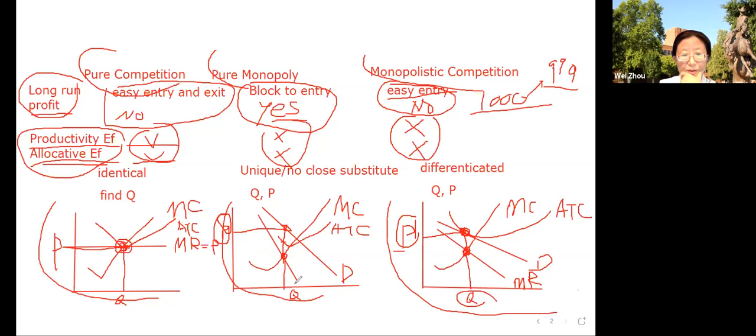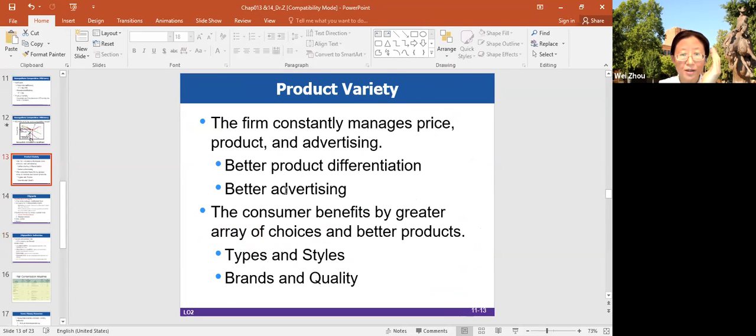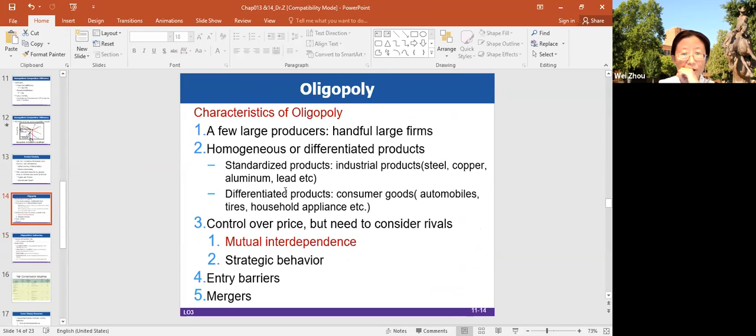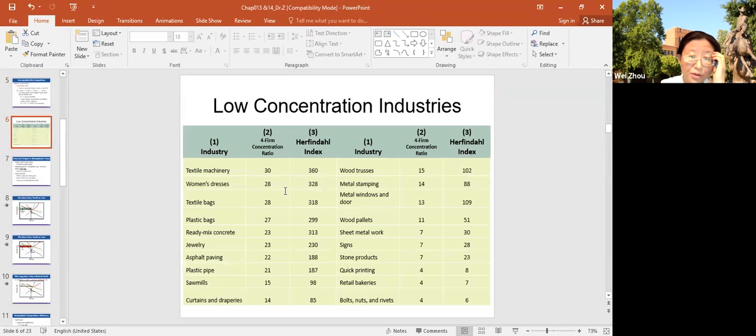So for oligopoly, we said there is only a handful of firms in this market. So either the Herfindahl index is pretty big, or the four-firm concentration ratio is very big.